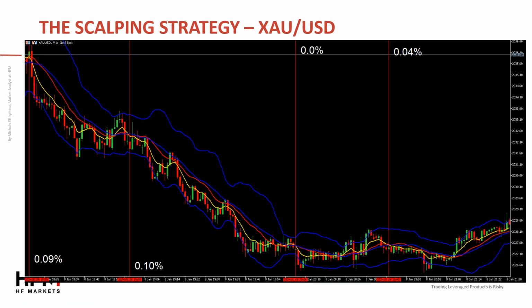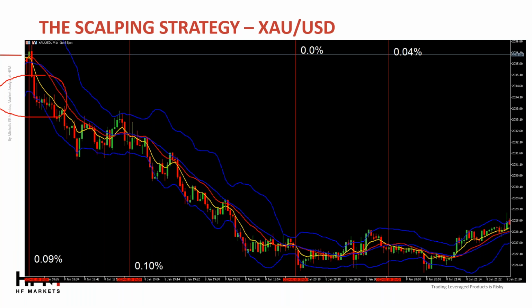Point number two, if the candlestick crosses below the Bollinger Band, so if we look at this area of the market here, if it crosses below the Bollinger Band for 3 candlesticks, on the fourth candlestick, if it's still below, you exit. So keep that in mind. It's not as soon as it crosses below the Bollinger Band that you exit. No. As soon as it crosses, if 3 candlesticks after it's below, when the fourth candlestick opens, you exit.